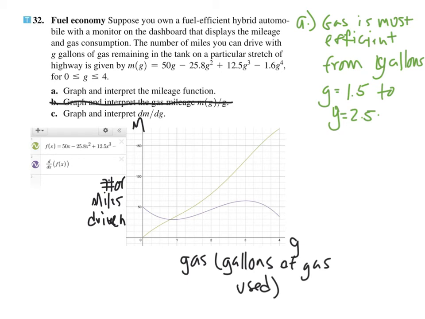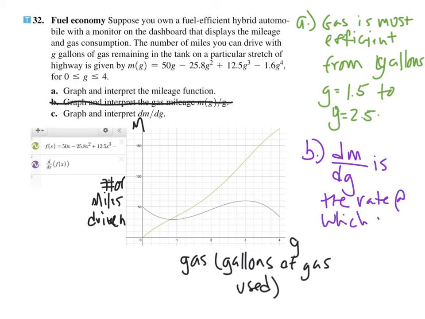Let's write this: dM/dG is the rate at which the miles driven change depending on gallons used, which is kind of hard to interpret and find the meaning of. This is kind of tricky.